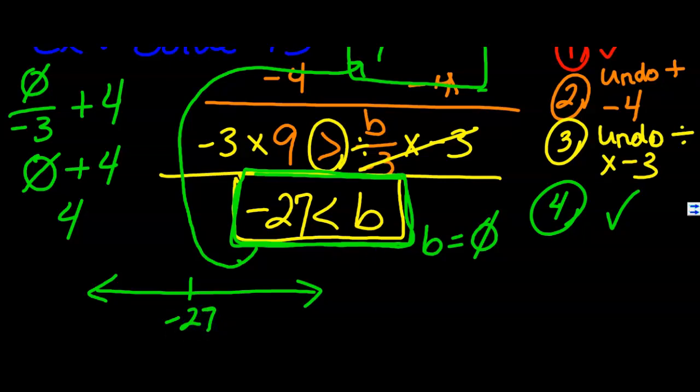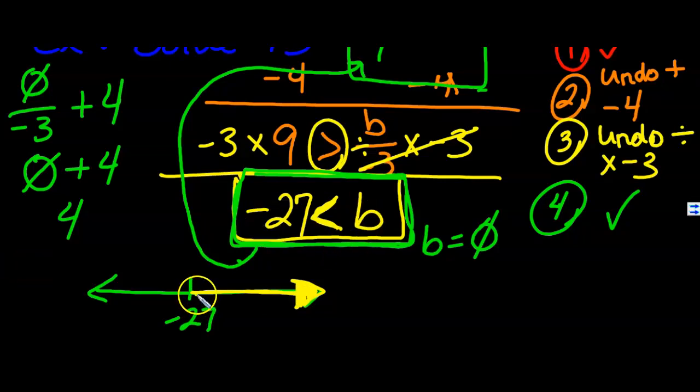B, we need to represent B as all of the values greater than negative 27, which is all of the values to the right. Some of us have been taught a trick to look at this inequality and think that it goes left, when in fact, that's only if the variable is on the left-hand side.